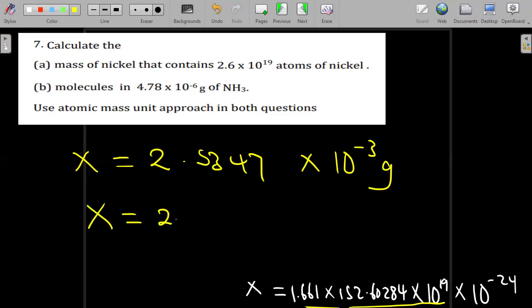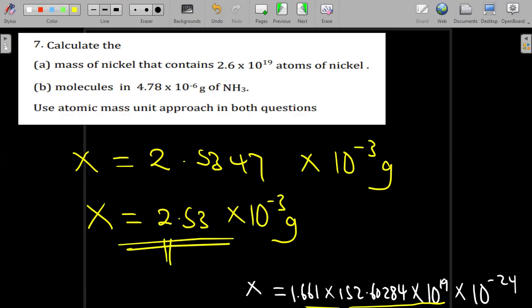Okay, so 2.73 multiplied by 10 to the power minus 3 grams. Okay, all right, so this here will be the mass of nickel, okay, that has those amount of what? Those amount of atoms. All right, so any questions there, guys?